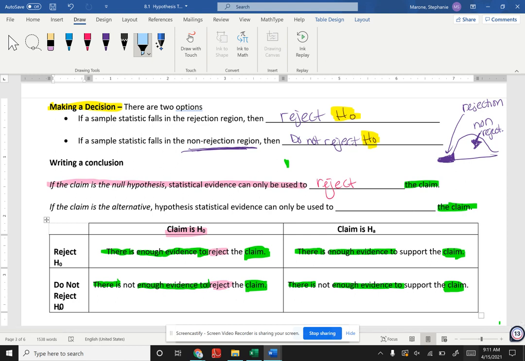If the claim is the alternative hypothesis, I put the comma in the wrong spot, statistical evidence can only be used to support the claim.